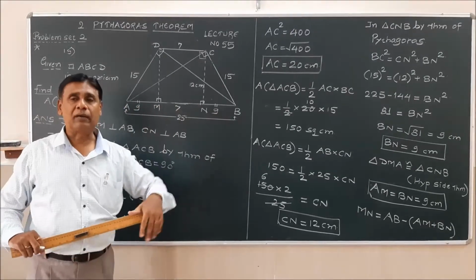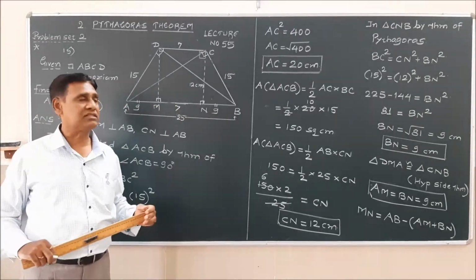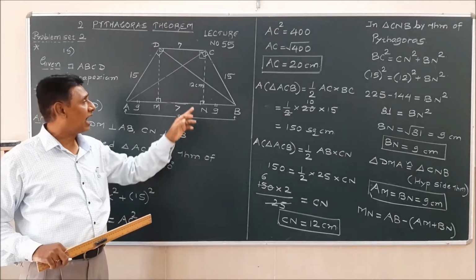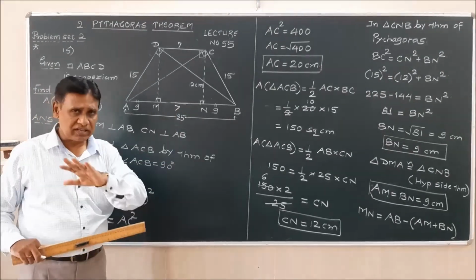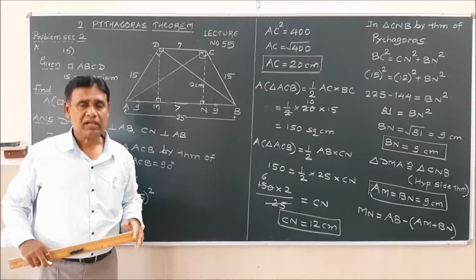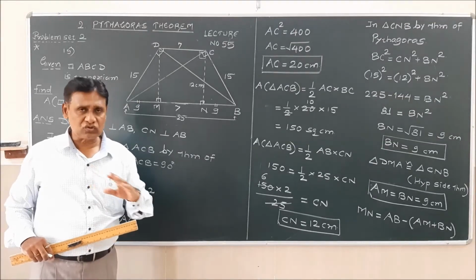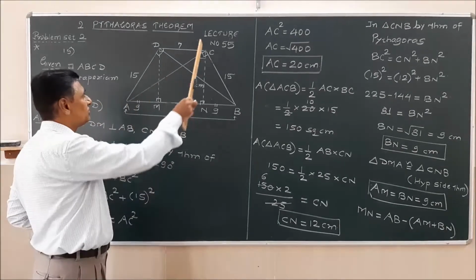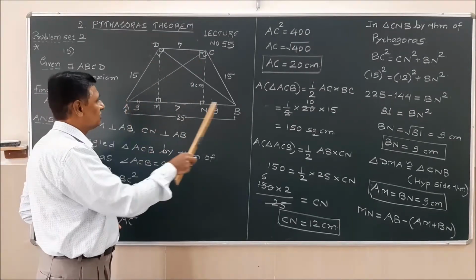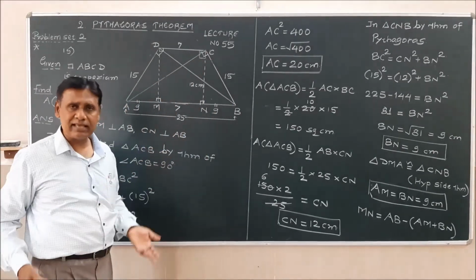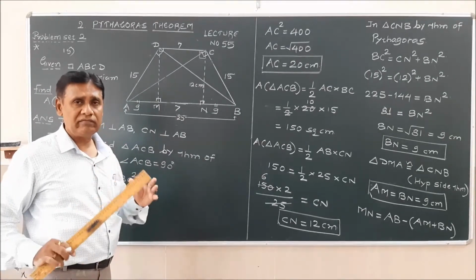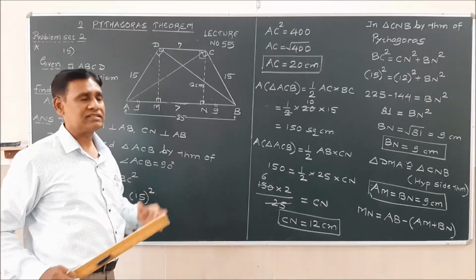Next time I am going to consider AB as a base and CN as a height, and I will get CN, because the area is not going to change. In any way, the area is not going to change. The triangle is going to remain the same. This way ACB as well as this way ACB is one and the same. This is very, very important to understand.